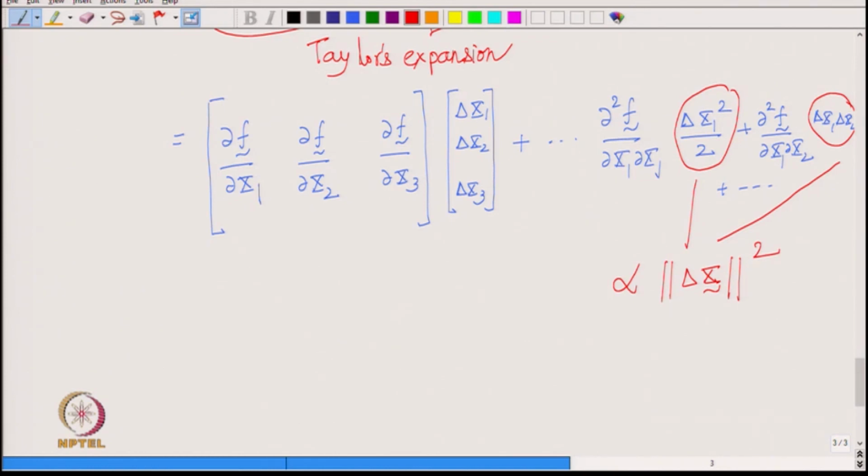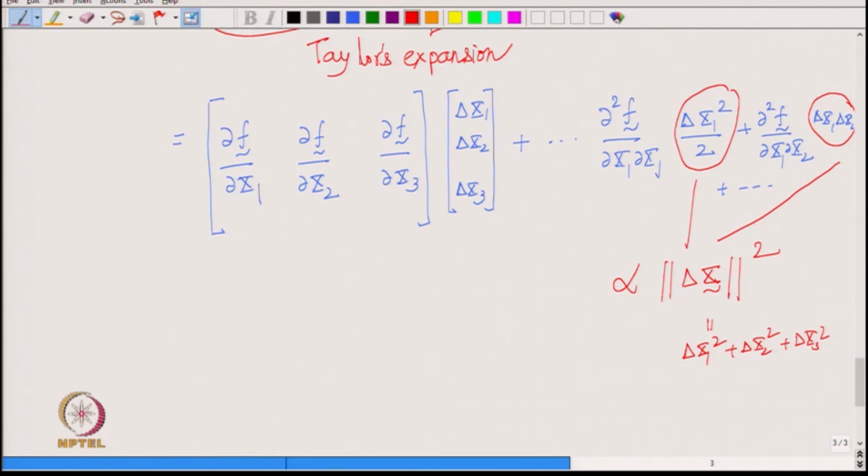When you find the magnitude of delta x, it is delta x 1 whole square plus delta x 2 whole square plus delta x 3 whole square, and then you have a square root, and here you have another square. So, this is basically delta x 1 square plus delta x 2 square plus delta x 3 square. So, it is basically the quadratic combinations of individual components.